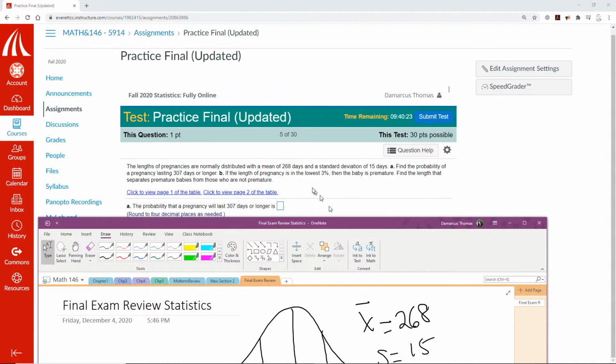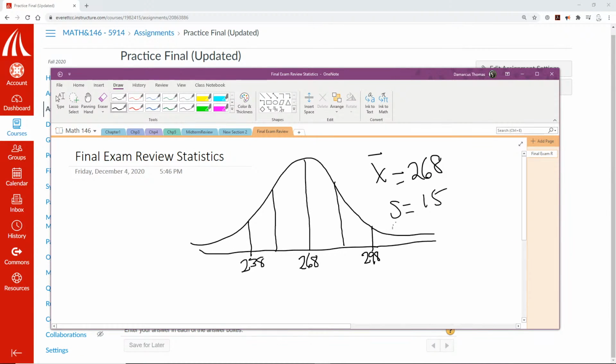268 is the mean, but we want to know from 307 days or longer. So for 307, I will estimate that to be about here. And what I'll do is highlight that, and I'll put 307 right there. And it's 307 or longer.